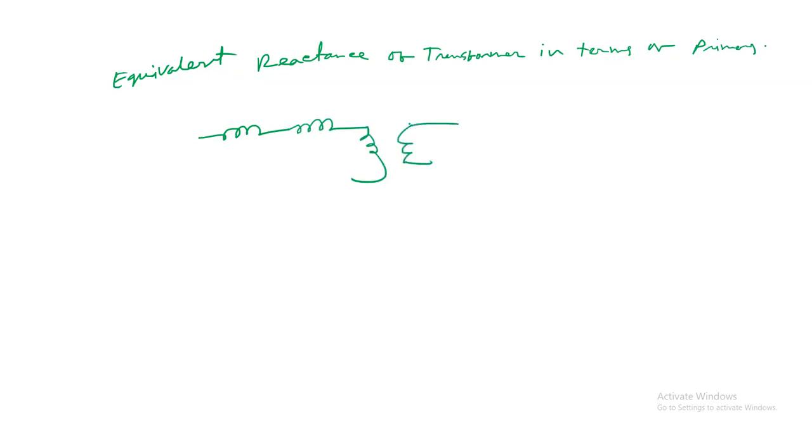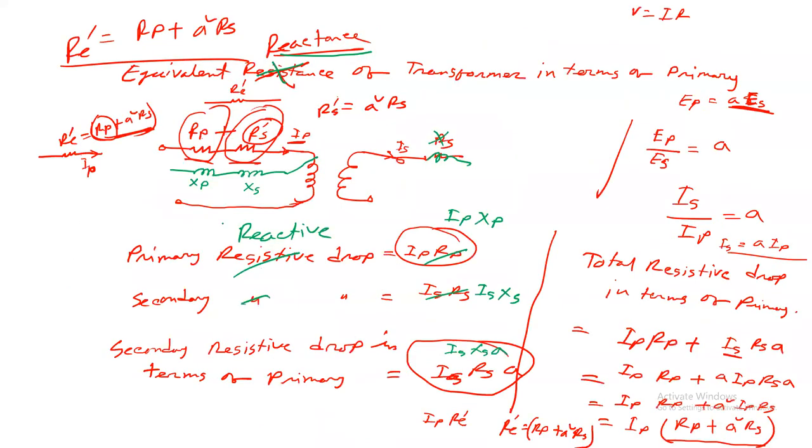This is not R, this is XP and this is XS, and our equivalent is XE single prime. So all our R just changes to X. This is the primary reactive drop, so not IP RP, but IP XP.